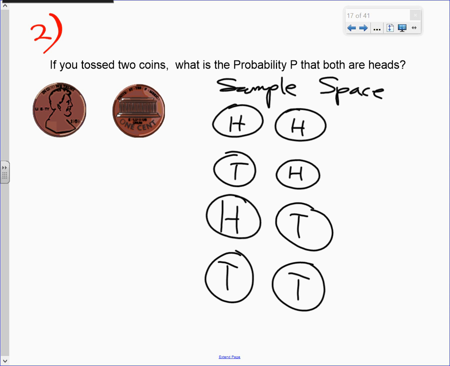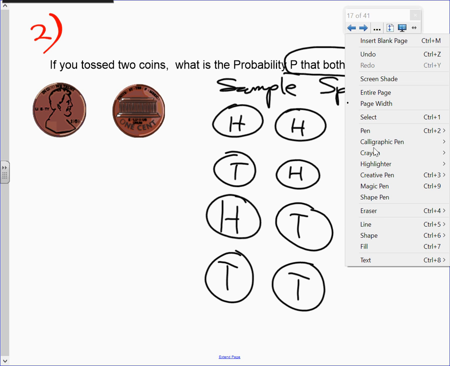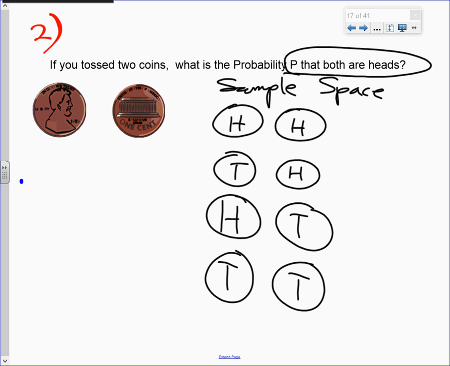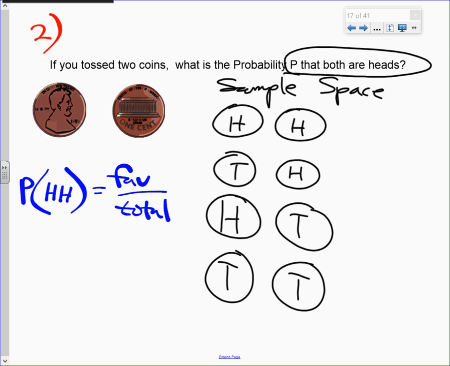Now, the probability that both are heads. Okay, so let's write our formula now. So the probability, look in parentheses now, I'm going to put just H and H, 2 heads. What's the probability of 2 heads? Well, that's going to be favorable over total. I'm abbreviating now.